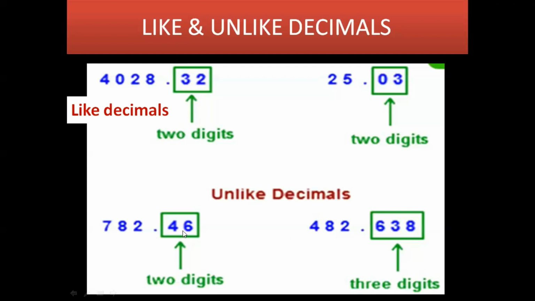Here we have 2 digits after the decimal point. And 482.638. Here we have 3 digits after the decimal point. In the first we have 2 digits and in the second we have 3 digits. The number of digits is different, so these are unlike decimals.